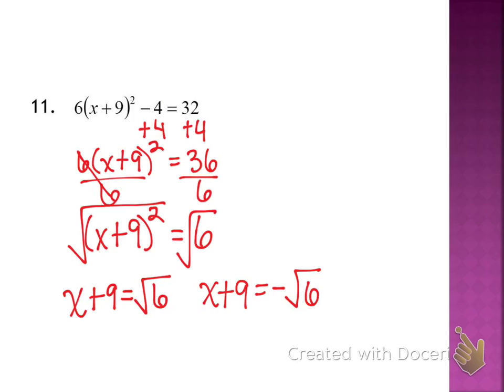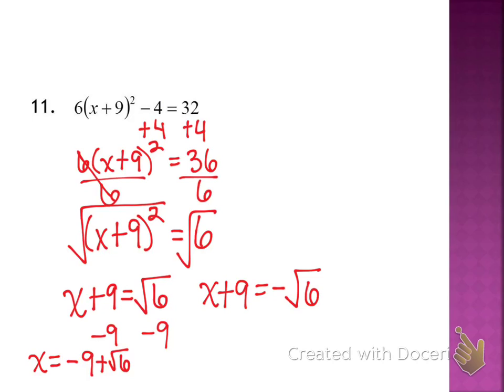So to solve them, what do we have to do to get x alone? Subtract 9. When we do that, square root of 6 and a negative 9, are those like terms? No. So what that means for our answer is we would have negative 9 plus square root of 6.